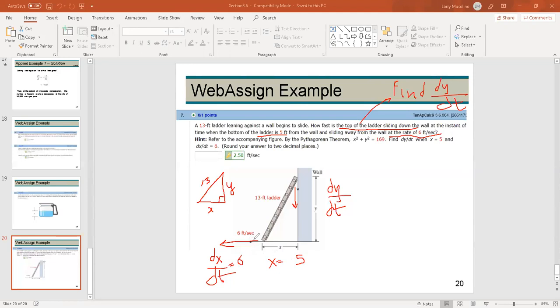Well, when I think about the geometry of what's going on here, I notice this is a right triangle, and of course the sides are related by the Pythagorean theorem. So let me write the Pythagorean theorem for this triangle. It would say x squared plus y squared equals 13 squared.